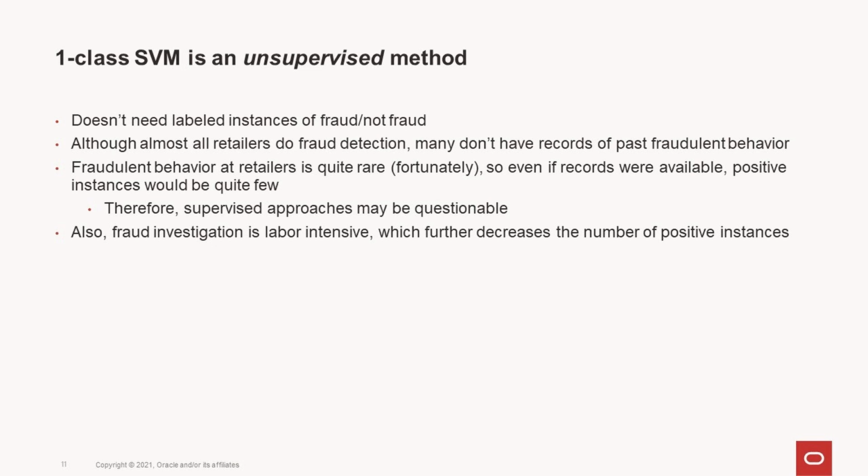Although almost all retailers do fraud detection, many don't keep good records of past fraud behavior. The other problem is fraudulent behavior is quite rare. So even if you had those records, positive instances would be quite few among all customer transactions. So from that alone, supervised approaches may be questionable.